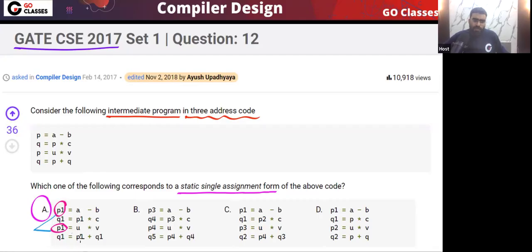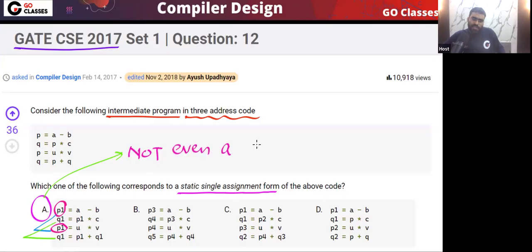Look here, the variable Q1 you are also assigning more than once. So option A is not even in SSA.